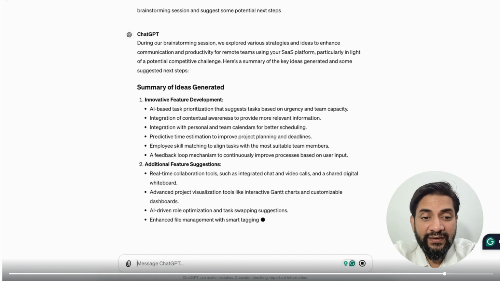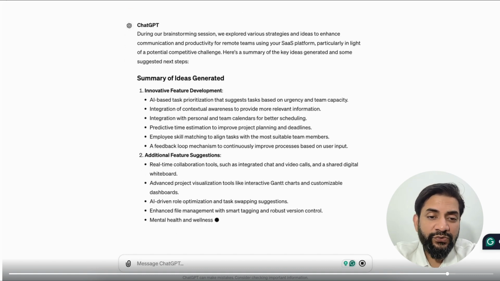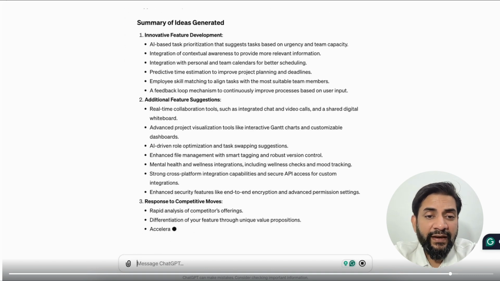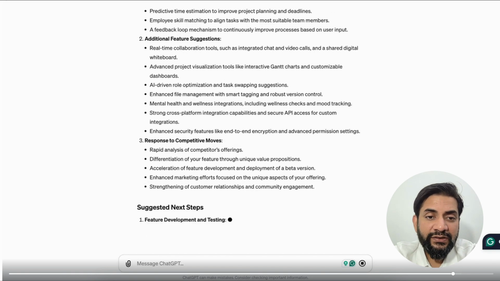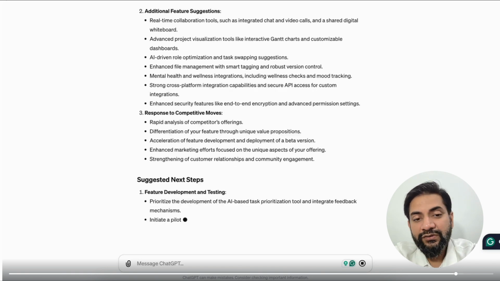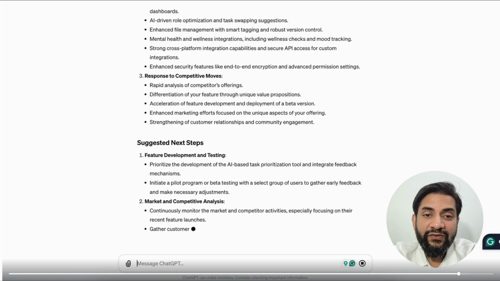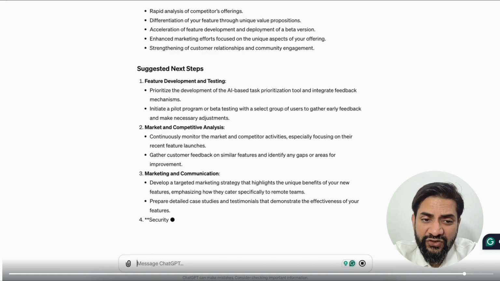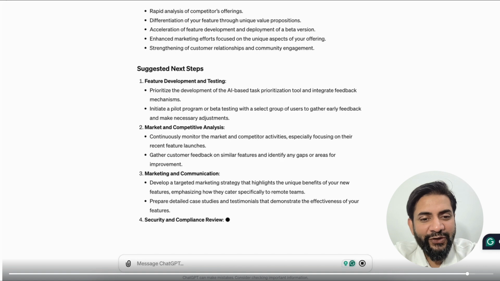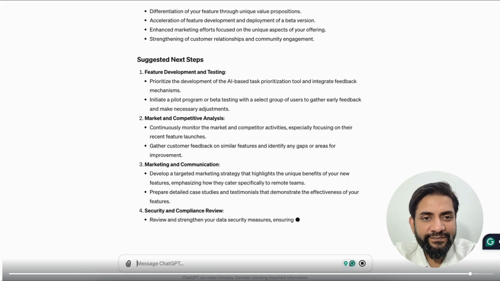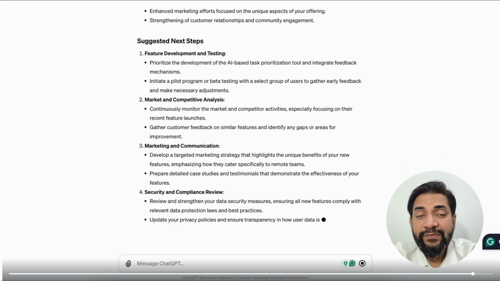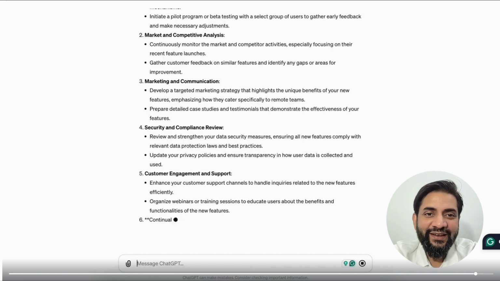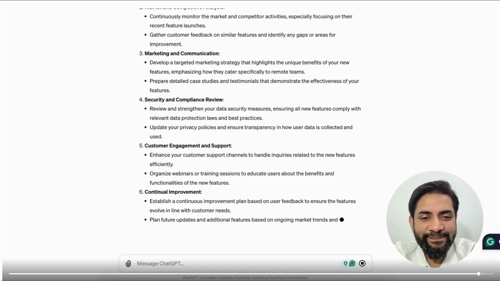Additional features that ChatGPT suggested were real-time collaboration tools, advanced visualization, AI-driven rule optimization, enhanced file management, and so on. It also gives me the next steps: feature development and testing, market and competitive analysis, marketing and communication, security and compliance review, and so on. So these are the suggested next steps once we have done the brainstorming with ChatGPT.